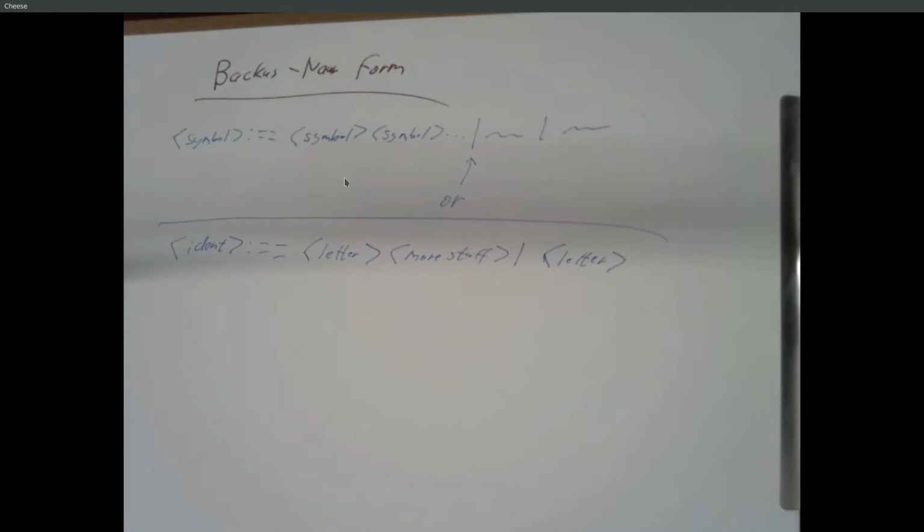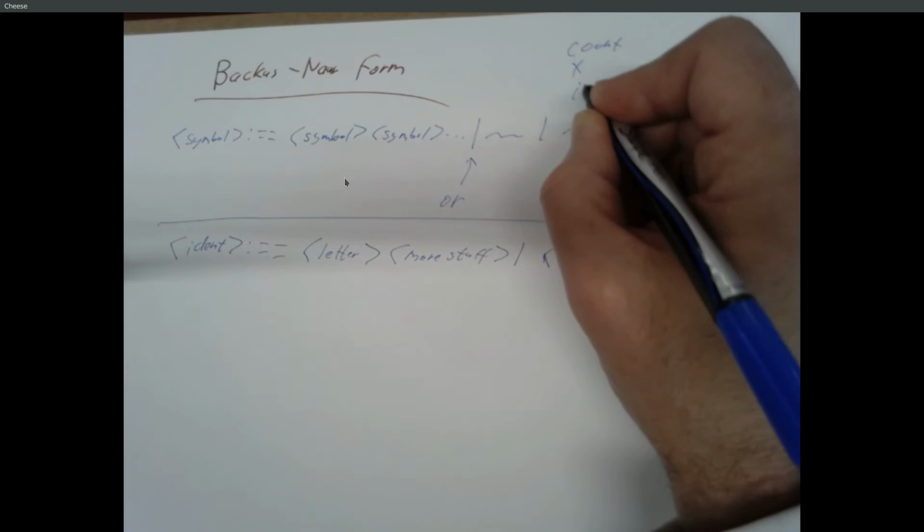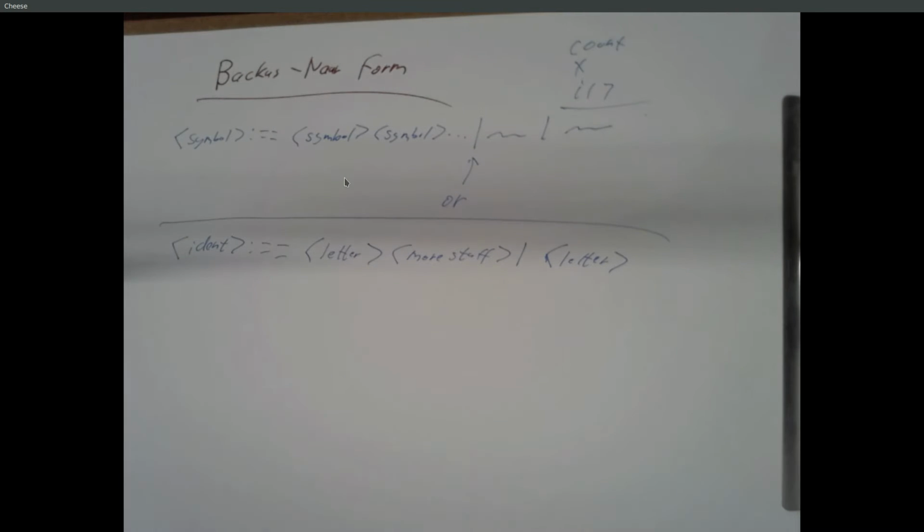I'm thinking of an identifier in a programming language, like count or X or I-17. Those are all valid identifiers, variable names.